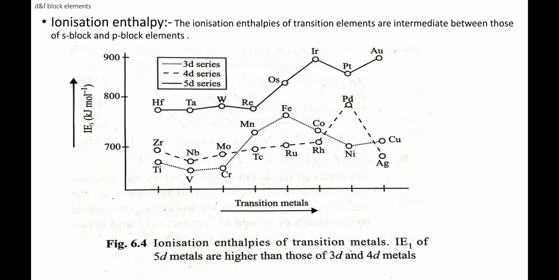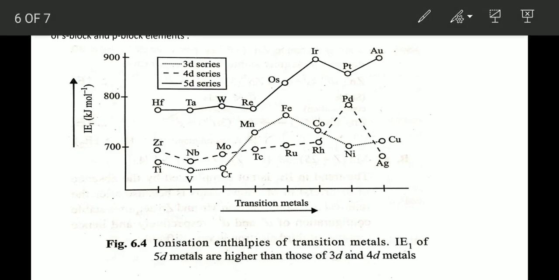Now see this ionization enthalpy properly. First transition series. In the first transition series, titanium, vanadium and chromium, slowly it decreases, but suddenly it increases till iron. Reason behind that: ionization enthalpy is the amount of energy required.